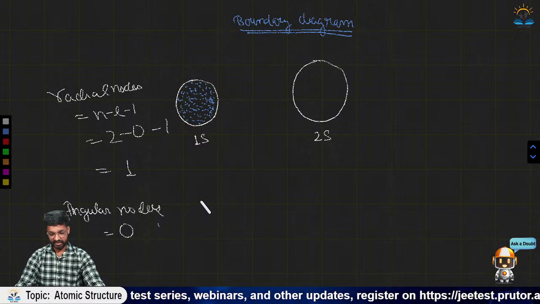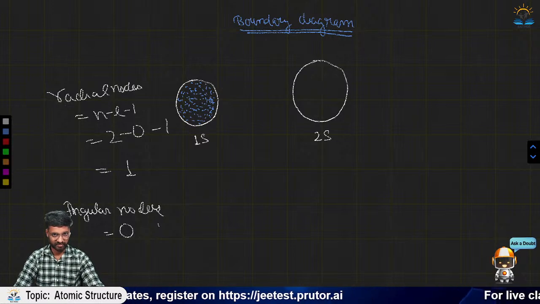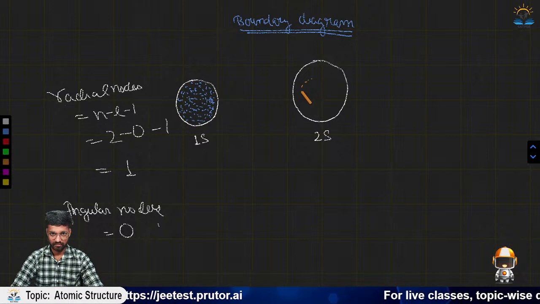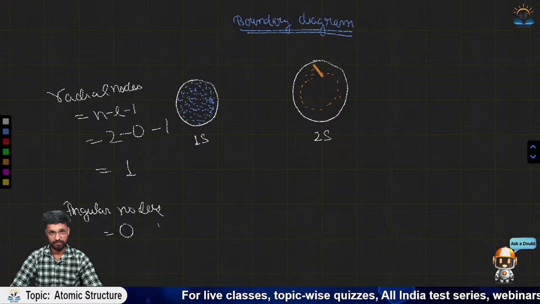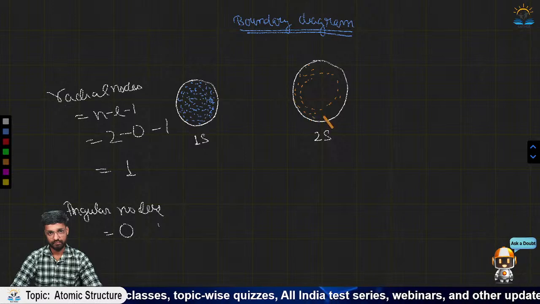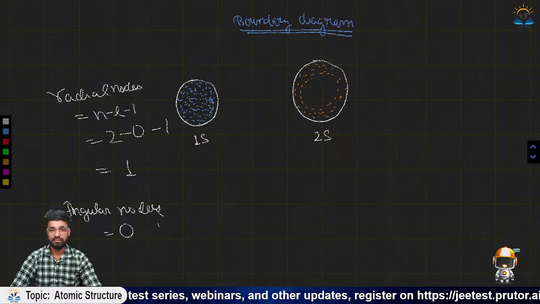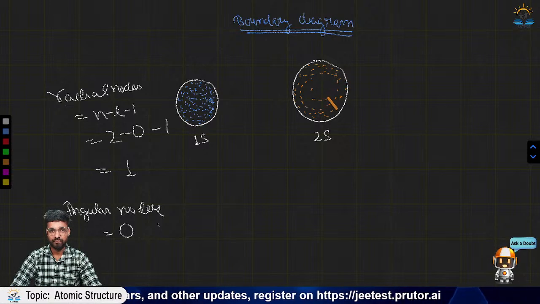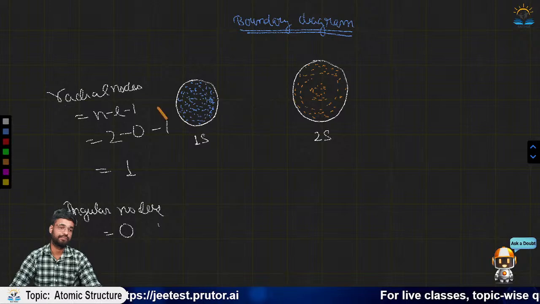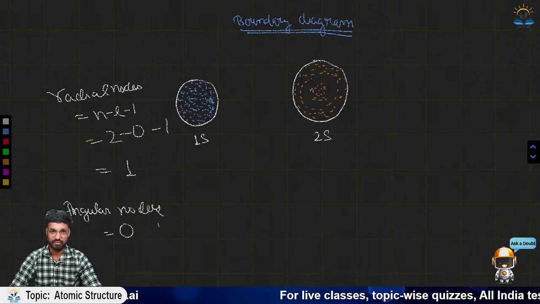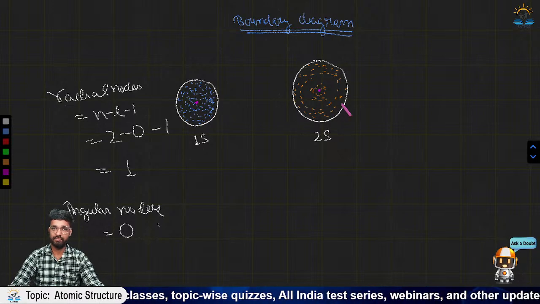So let me make it clear what is angular node and radial node. If you see this diagram here, I will draw again a probability distribution. It is again a contour plot, and this is the nucleus here. Here the probability is maxima.